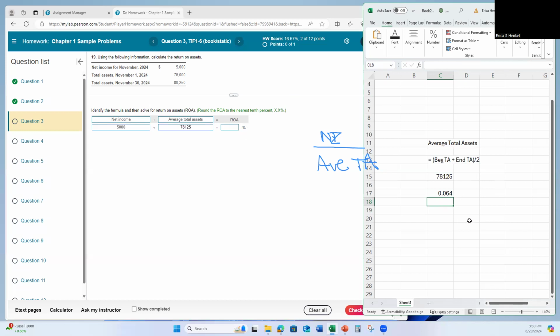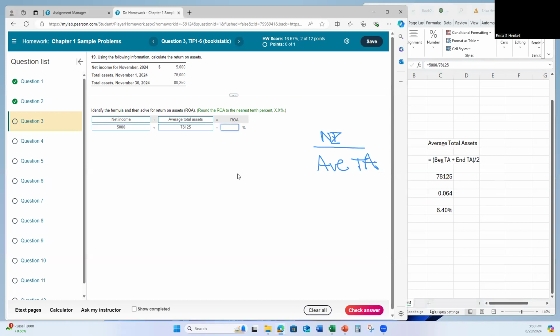They're asking for this in a percentage, so expressed as a percentage it would be 6.4%. Converting from a decimal to a percentage, we basically multiply it times 100. So 6.4%.